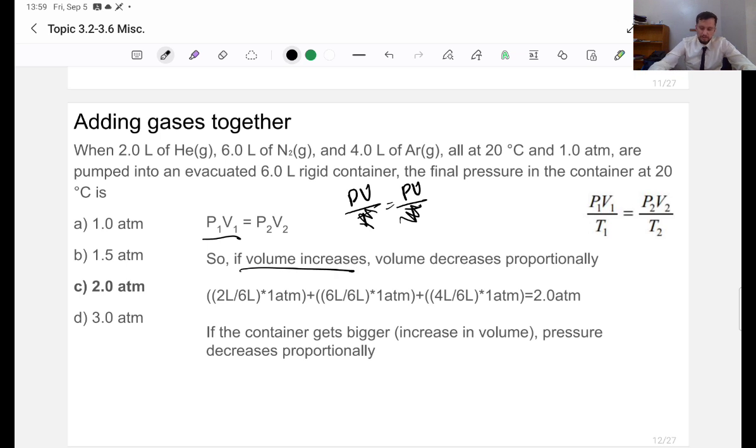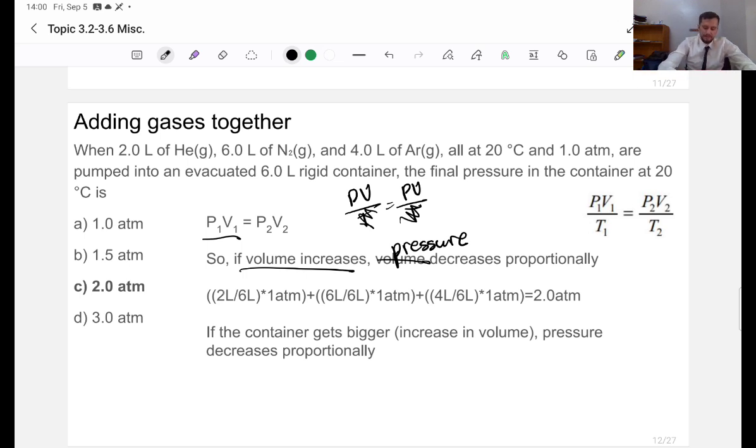So if volume increases, because we're taking gases in smaller containers and putting them in bigger containers, then pressure decreases proportionally. If volume increases, pressure must decrease proportionally.